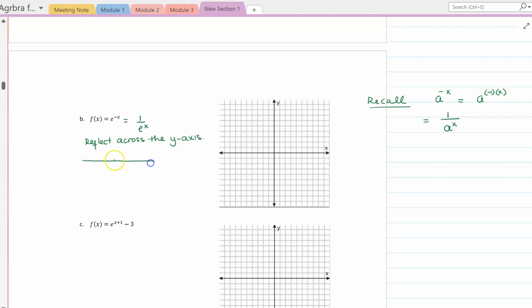So let's take a look at the table of values. Since it reflects across the y-axis, we have negative 2, negative 1, 0, 1. This is 7.40, 2.72, 1, and 0.367. So negative 2 goes to 7.5, close to it.